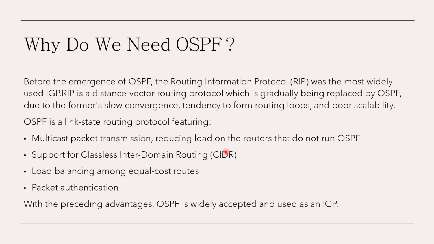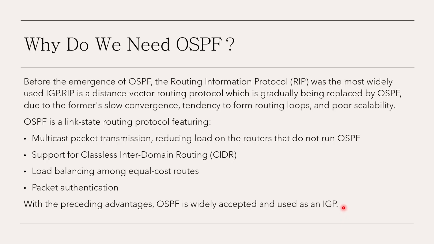In contrast, OSPF is a link state routing protocol featuring multicast packet transmission, reducing load on routers that do not run OSPF. It supports classless inter-domain routing, load balancing among equal cost routes, and packet authentication. With the preceding advantages, OSPF is widely accepted and used as an IGP.